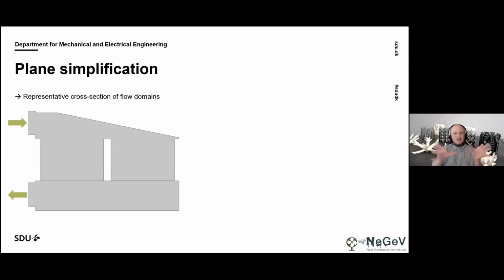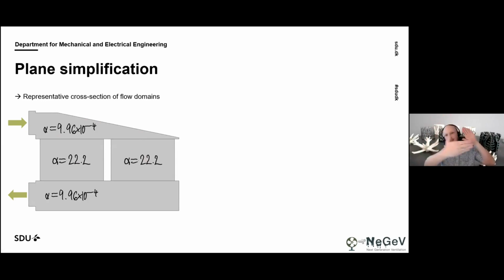That means we can look from above here. We have this plane simplification of the climate module. We have the inlet here, the inlet chamber, the distributor chamber. We have the two stacks. We have the outlet chamber and the outlet edge here. And then we can impose these fluid resistance coefficients in the stacks. We also have some for the inlet and outlet distributors.